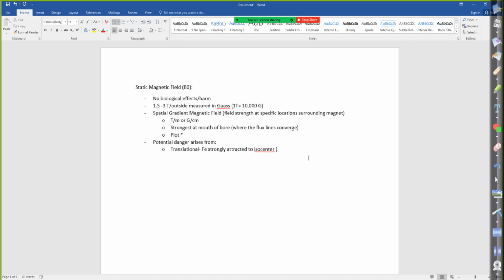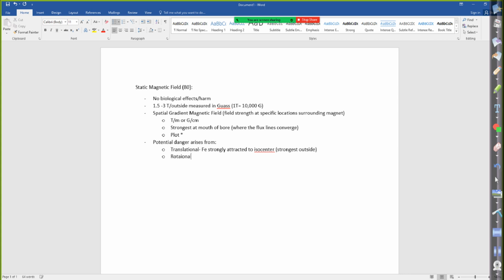At the middle or outside? As you're approaching the magnet. So outside. Strongest outside. Okay. And typically it's once again at the mouth of the bore where the spatial gradient magnetic field is the strongest.